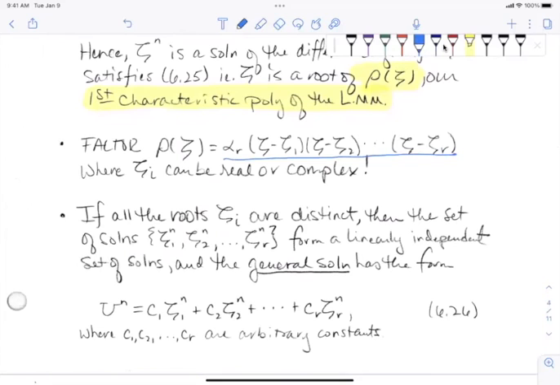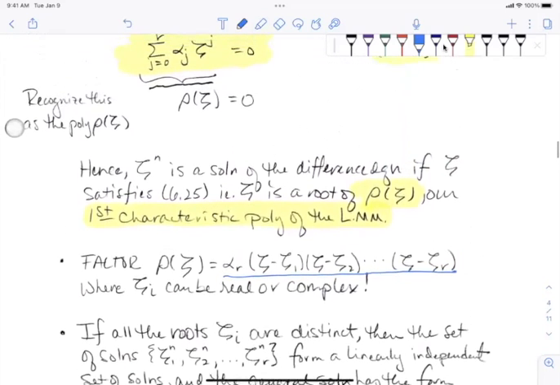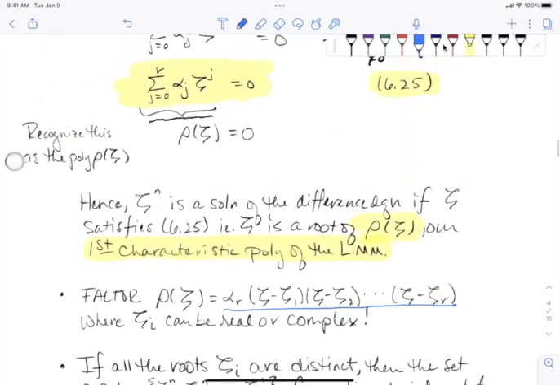So assume that you can do that here. Assume you have factored rho of zeta and zeta sub i are distinct roots. Then what that means, if you go back up here, those are the roots which satisfy 6.25.